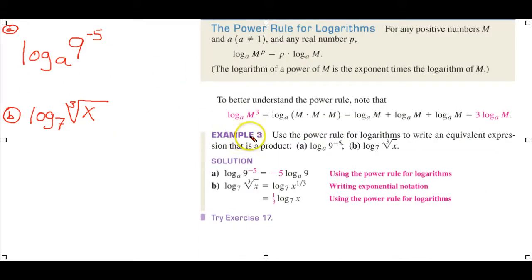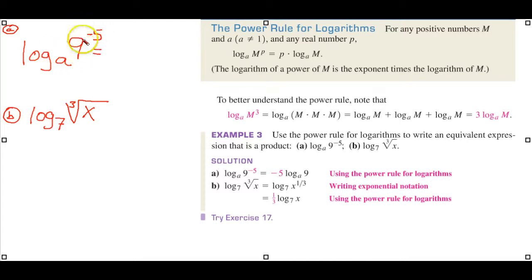All right, so let's work on example 3. We're going to use the power rule for logarithms to write an equivalent expression that is a product of this and this. So I have it written up over here, and let's look at what we're going to do.